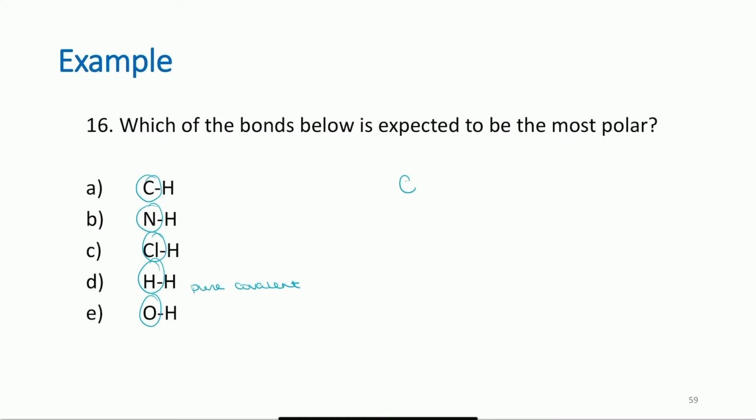So I've got carbon, nitrogen, chlorine, and oxygen. And not even intentionally, I wrote them in the order of increasing electronegativity. So number 2. These are tied for number 3. And I don't know where carbon falls in the exact sequence after that, but I know that oxygen is the second most electronegative. So therefore, this one will be the most polar of the bonds.